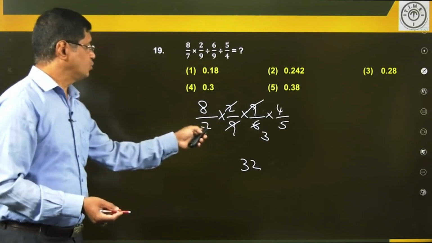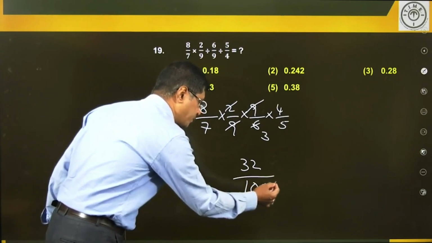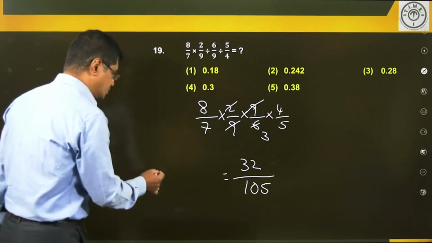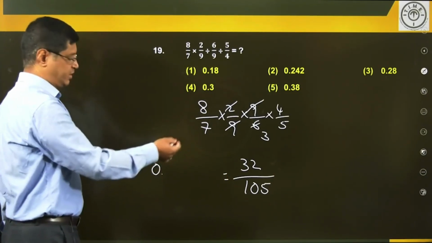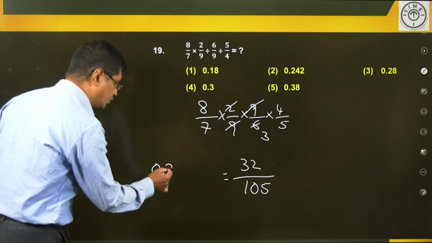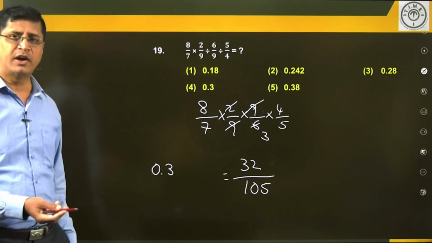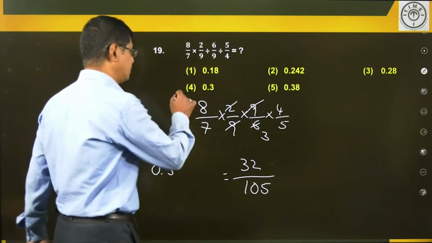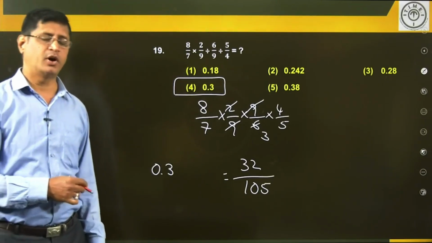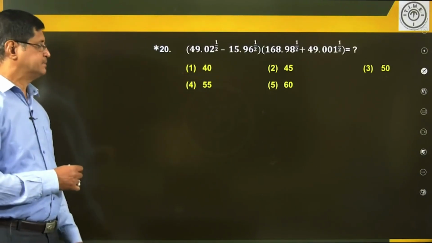Now 3 into 7, 21 into 5, that is 105. Now simplify this. I am using 320. 320 means 3 times 105, that is 315. 320 minus 315 means 5 left. So approximately what is the answer? 0.3. That is option number 4. Choice 4 is the right answer.